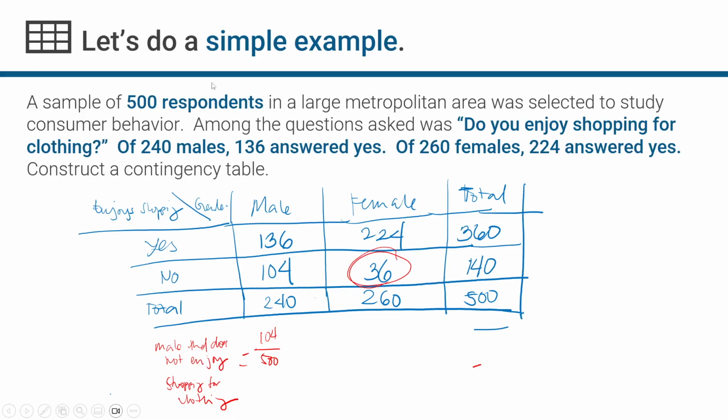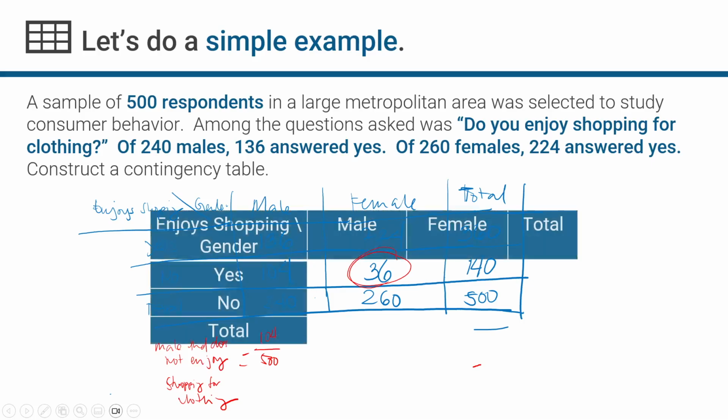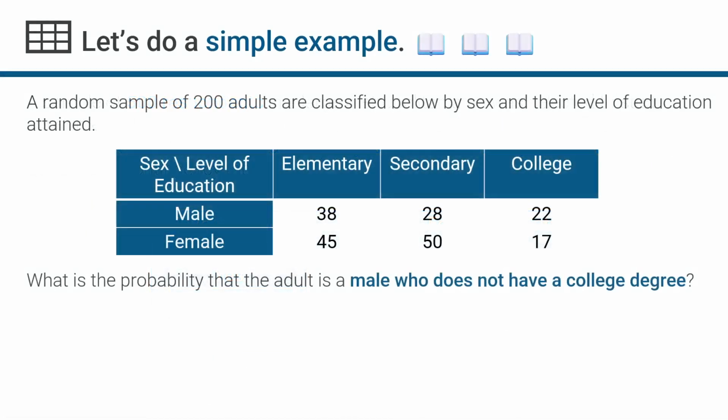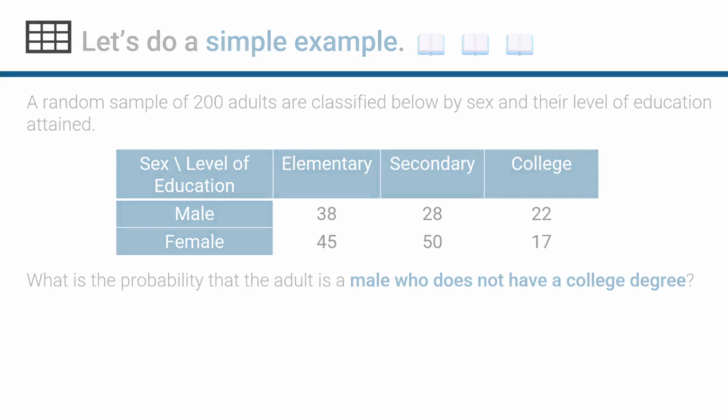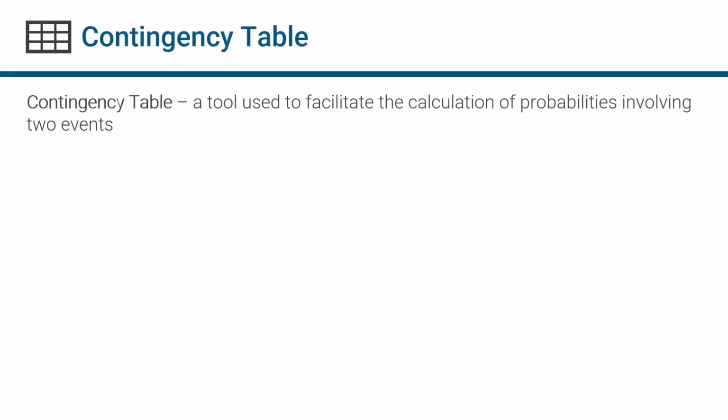Okay, so let's see. Where is my mouse? So a random sample of 200 adults are classified by sex and their level of education. So what is the probability that the male adult does not have a college degree? So the answer is, okay.